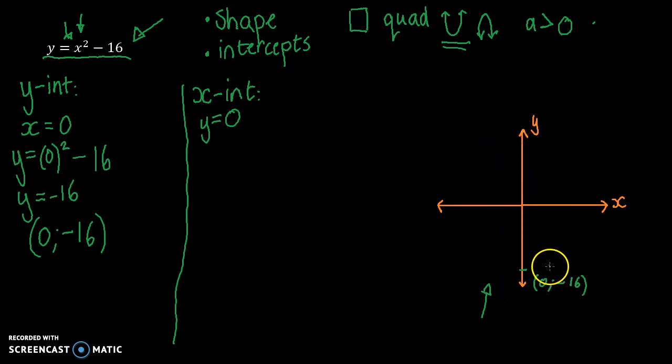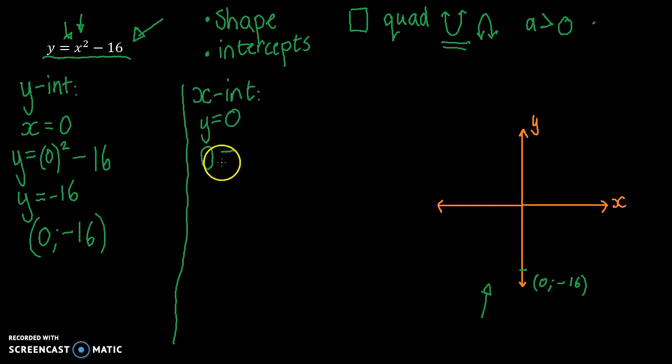But it does need to be in ratio. So negative 16 needs to be as low down as you can get it, because it's actually quite far from 0. And look, I've labeled my y-axis, and I've labeled my x-axis, and I put arrows at the end of each axis.